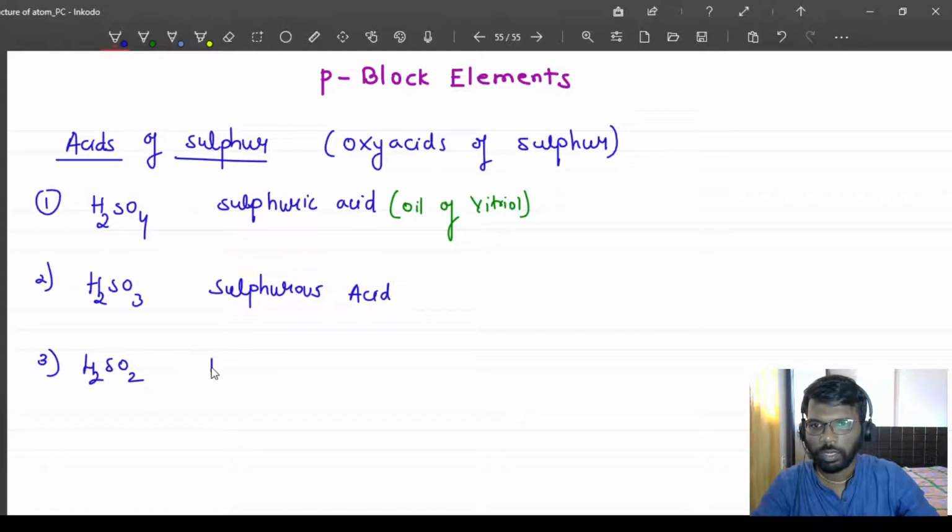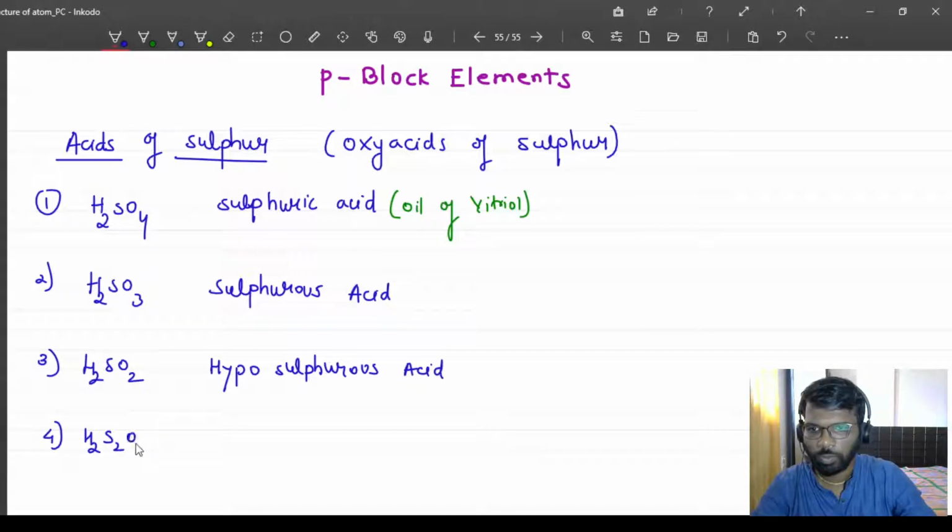This is hyposulfurous acid. Fourth is H2S2O5. This is thiosulfuric acid.